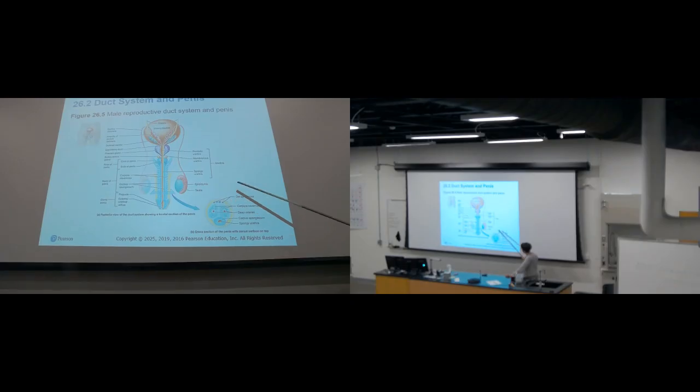So when blood rushes into the penis, it fills this corpora cavernosa, and that compresses these veins. That prevents temporarily the blood from flowing out, and that creates volume within this corpora cavernosa. That is what causes erection.